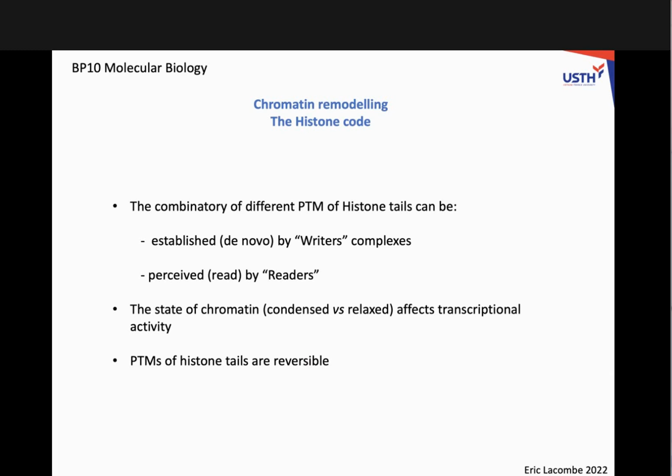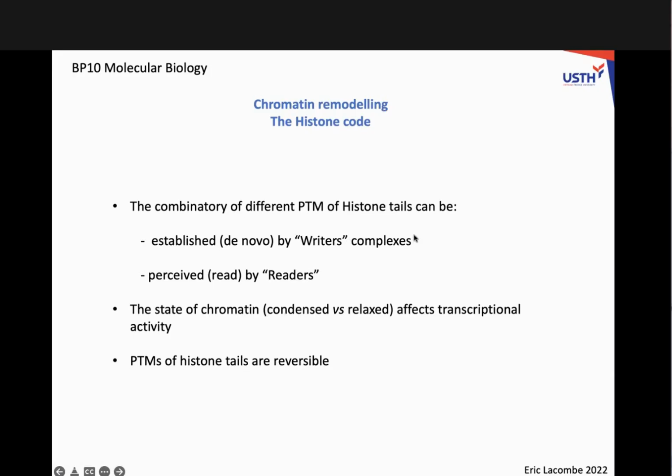On the other hand, once the serine has been phosphorylated, in order to have a different function, it has to be read. So there are readers that can read the post-translational modification that already occurred in the NH2 tail of the histone. Do you understand what I mean?